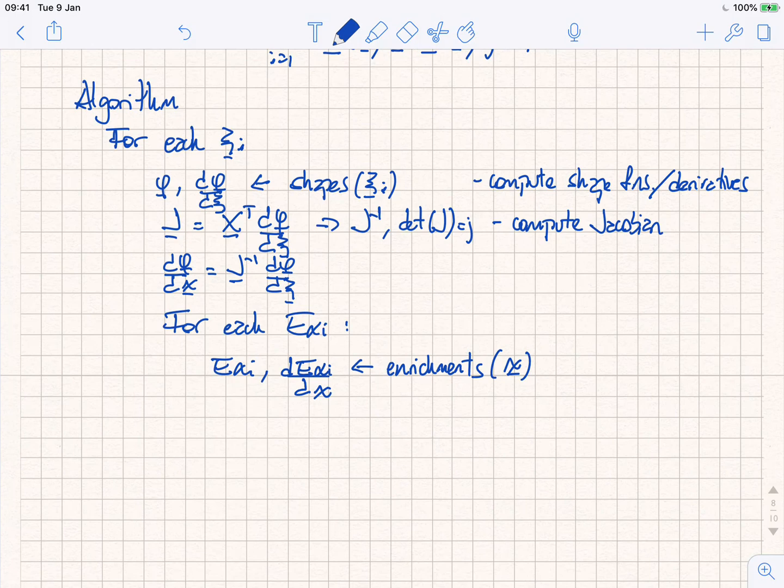So we have not computed the global coordinate. Do you remember how we do this? Given a Gauss point, how do we compute the global coordinates that correspond to that Gauss point? Inverse mapping?